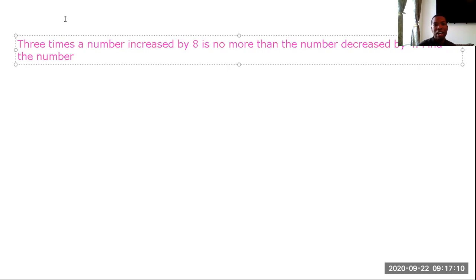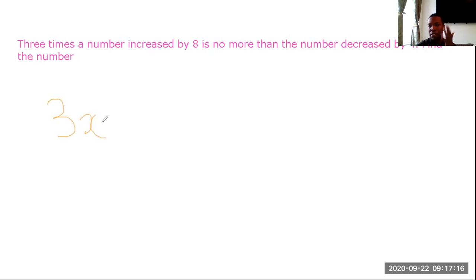So it says 3 times a number. I'm just going to write it out in order. All right. 3 times a number. I don't know what that number is. Increased by 8. Increase means plus. Is no more than. So it's not more than whatever else, but it could be equal to it.